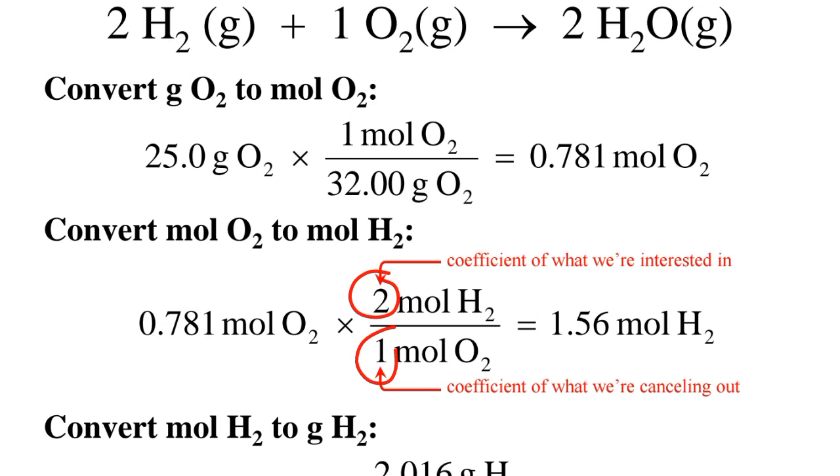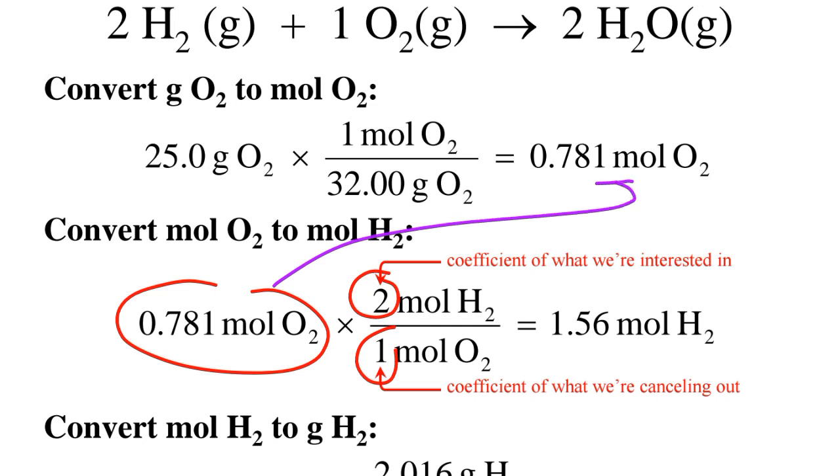But this number of moles is the one we obtained from the calculation here. So in the end, you consider that 1 mole of oxygen gas is equivalent to 0.781 moles.